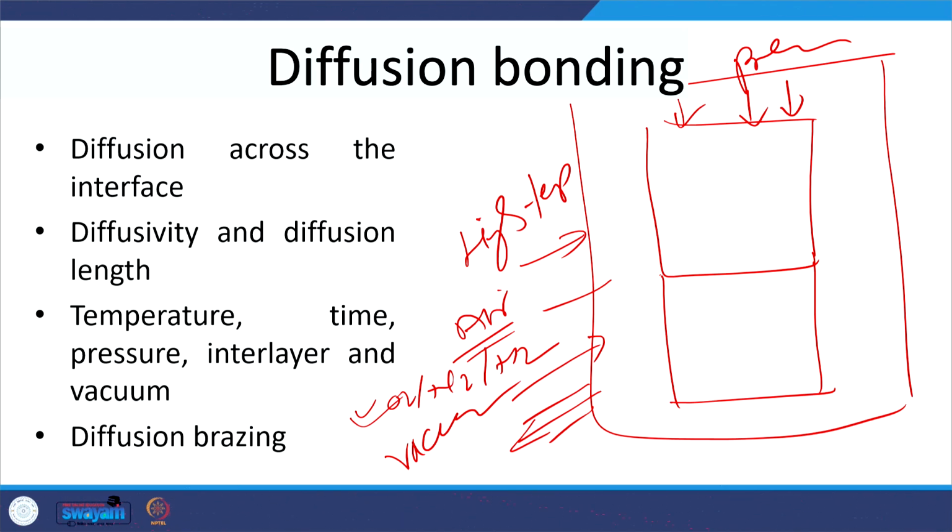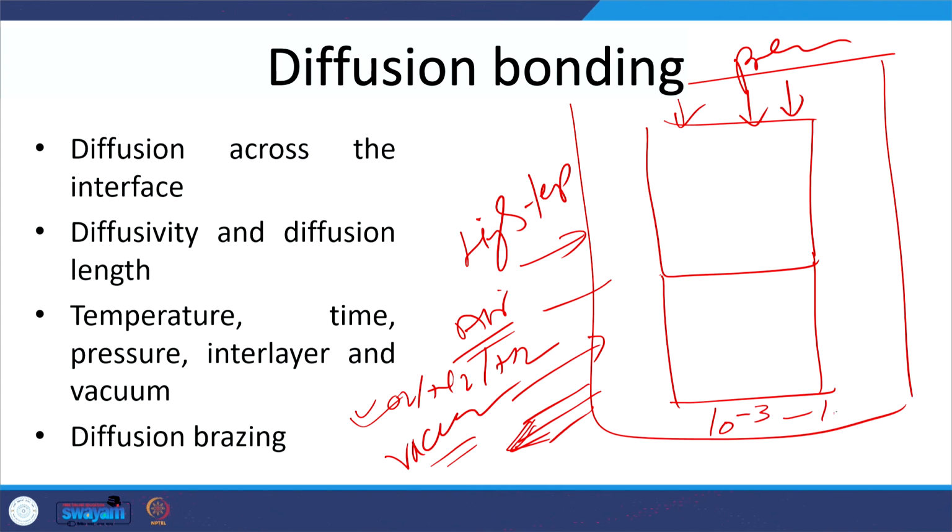Okay. And that is why heating of the component at high temperature must be done for the diffusion bonding in vacuum condition.